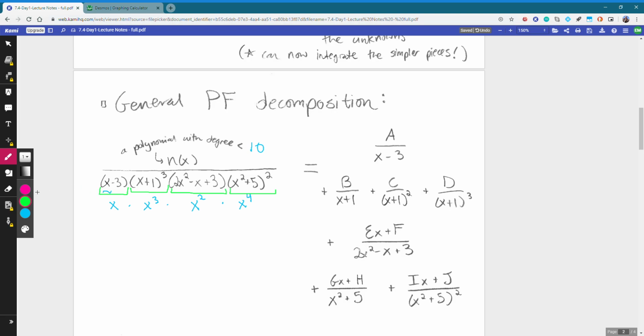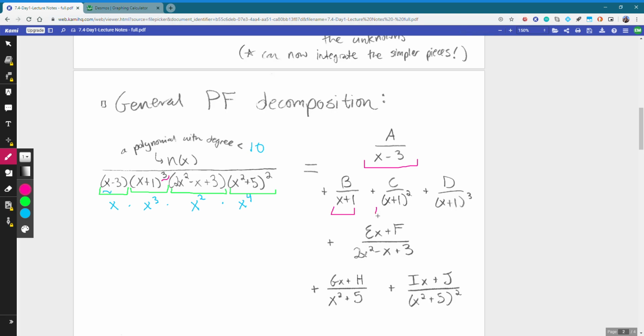If we just have a linear factor here, like x minus 3, partial fraction says we get one term, and we're going to have that x minus 3 in the bottom, but we could have possibly some constant up top that we don't know. So we'll just label that as A. Now, if our linear factor is a pile of linear factors, so it has an exponent here, then we're actually going to get a number of terms equal to that exponent.